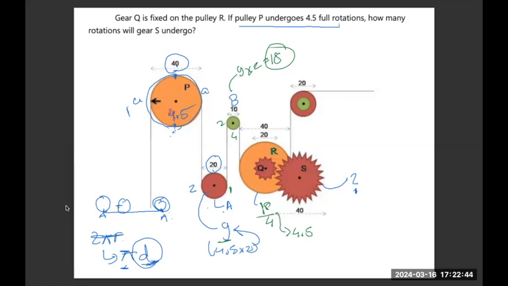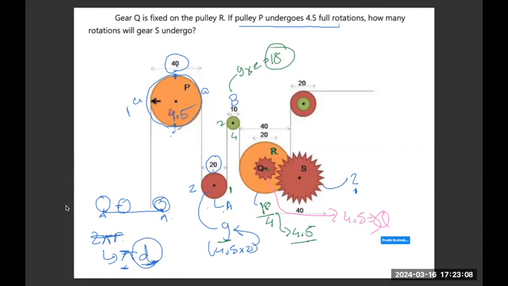Now, R and Q are connected through the same center, which means whatever number of rotations R undergoes, Q will also undergo the same number. So R is undergoing 4.5 rotations, which means Q will also be undergoing 4.5 rotations.